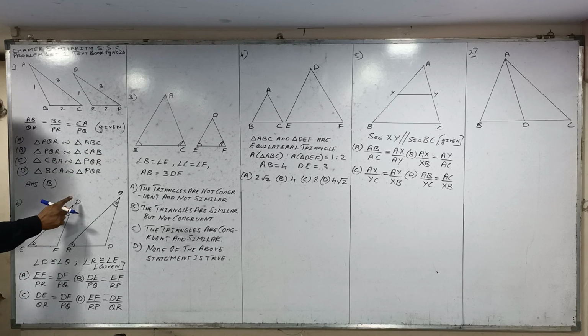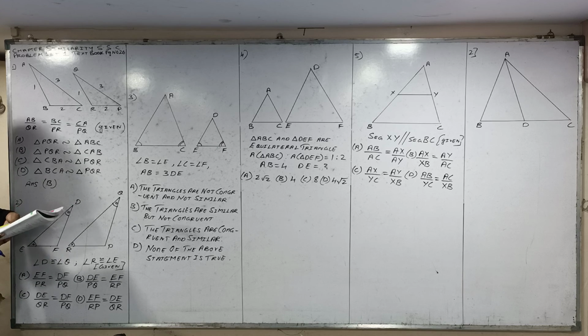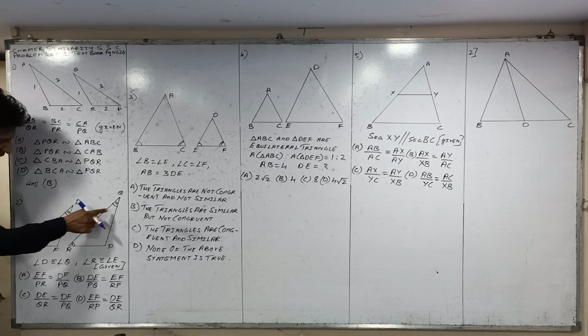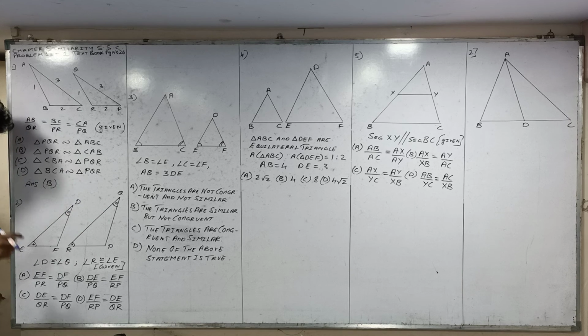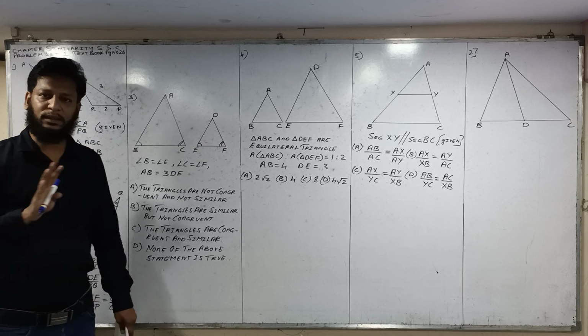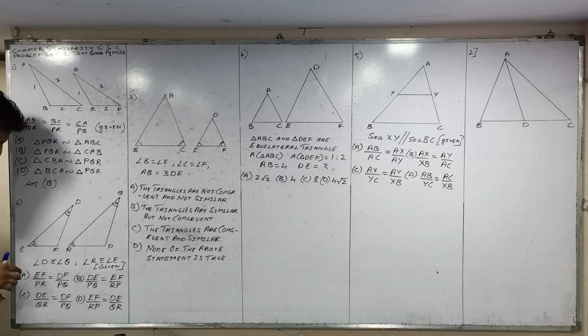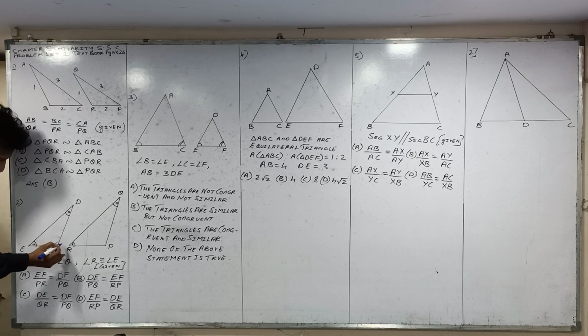Now see in second question, angle D is congruent to angle Q, and angle R is congruent to angle E. If two angles are congruent, then the third angle will be congruent also. So we are putting the sign.